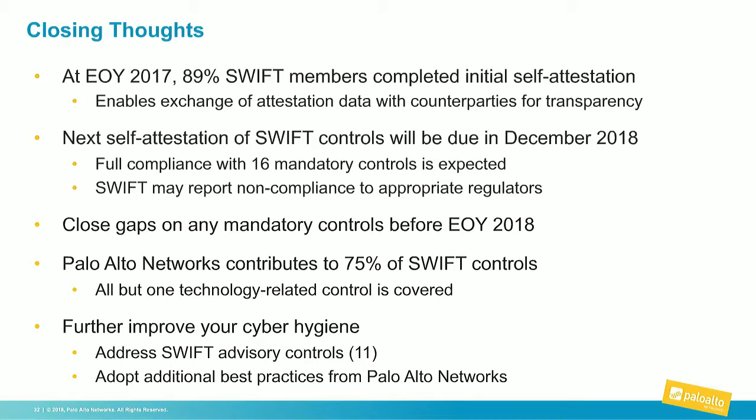And again, I just want to reiterate that even though the context of this is protecting the SWIFT environment, these controls really contribute to improved cyber hygiene and can be applied to other critical resources in your environment.